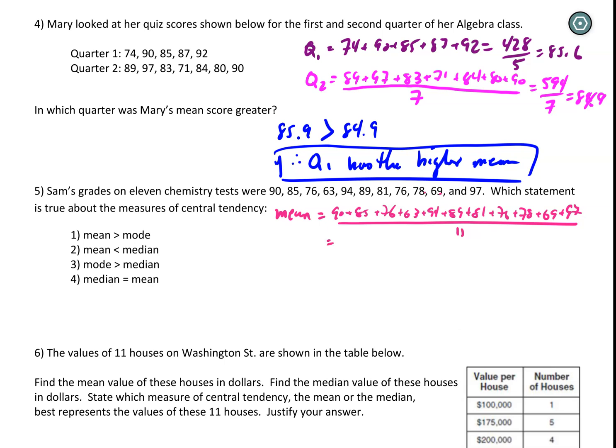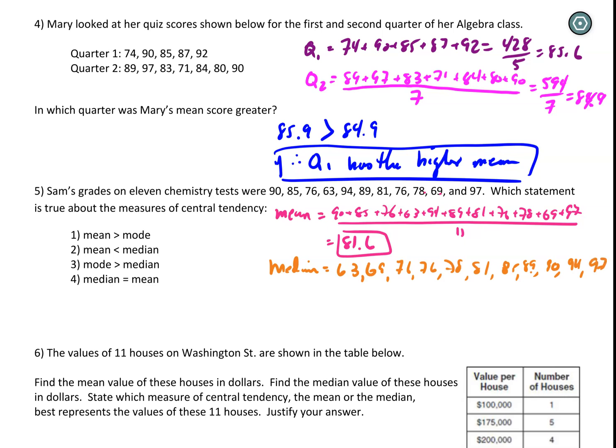And I get an average of 81.6 when I do that. Then I'm going to do my median. I'm going to have to put this in order again. So the smallest one here is 63, 69, 76, 76, 78, 81, 85, 89, 90, 94, and 97.